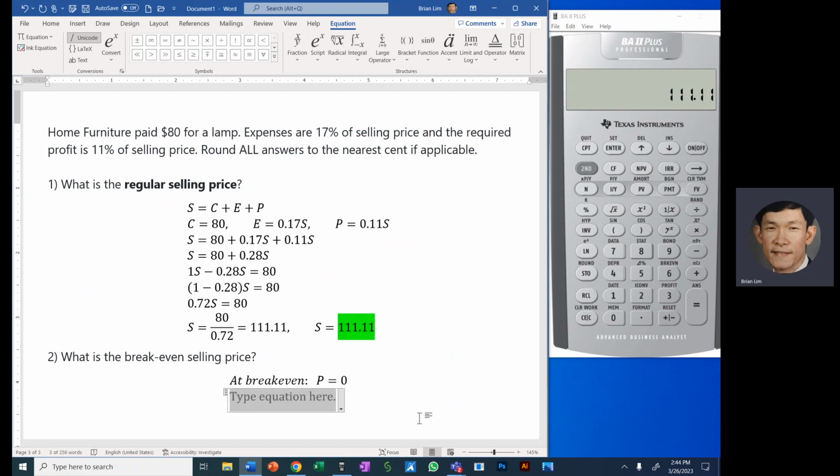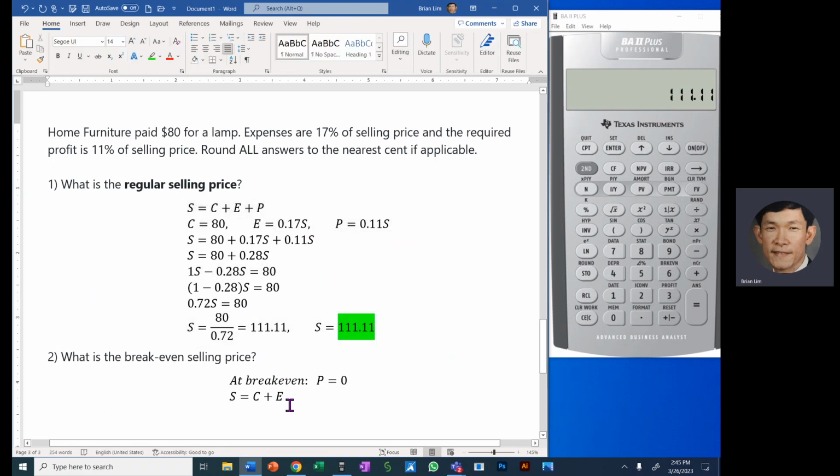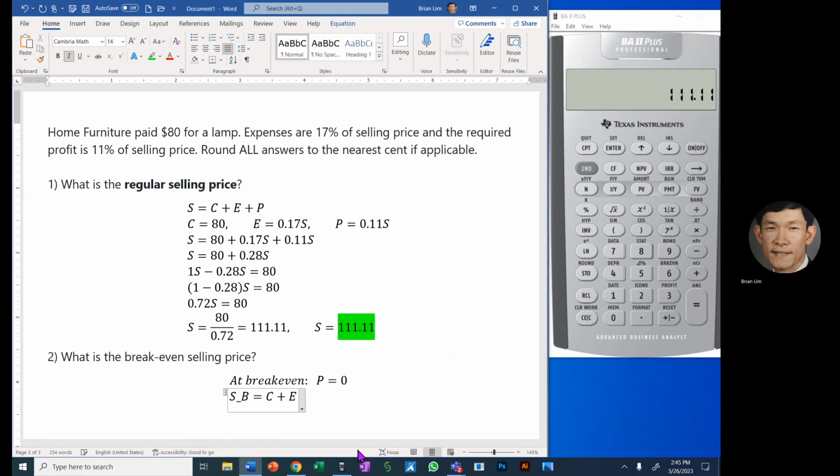So what happens is that S is equal to C plus E plus P, just like we had for the previous question. If P is 0, then we are only left with the cost plus the expenses. So that would be this here, though I should put break even. So that is correct now, right?